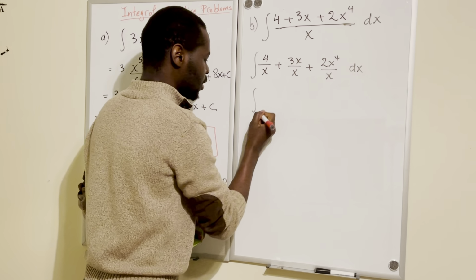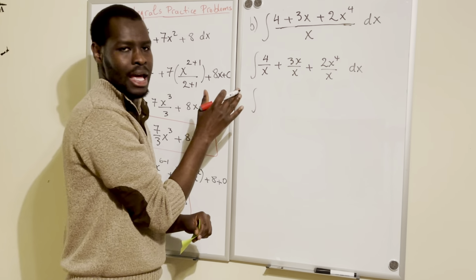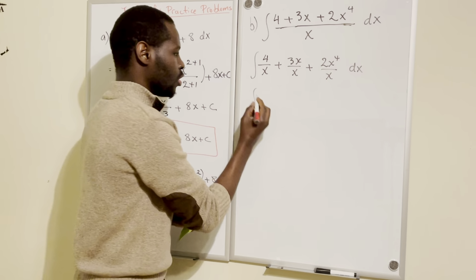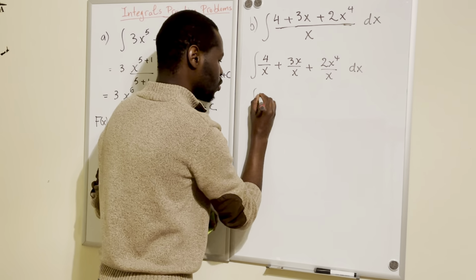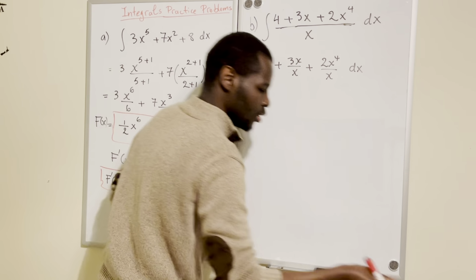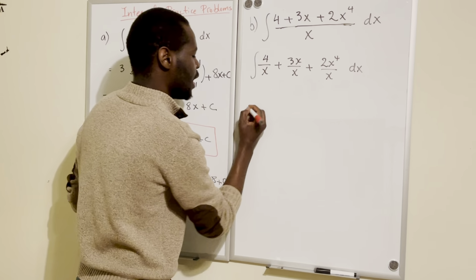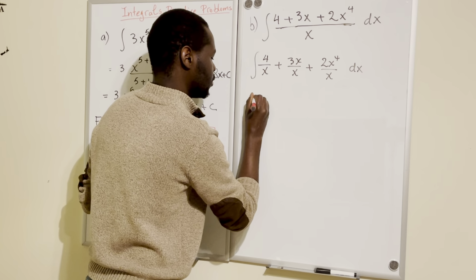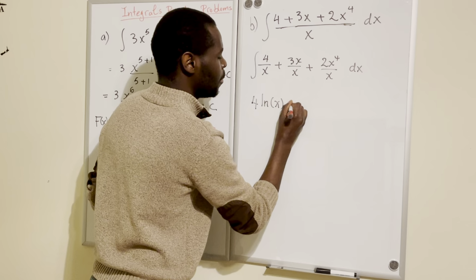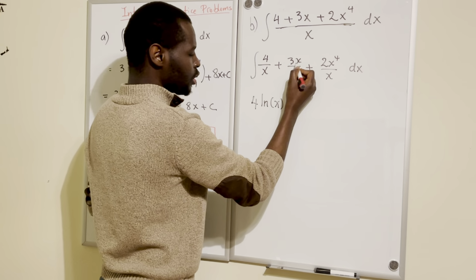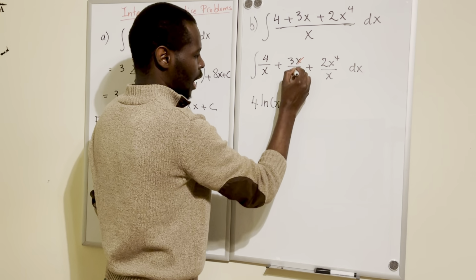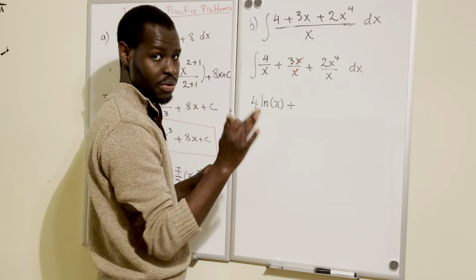Now, if you remember a few minutes ago, I said that the integral of 1 over x is just what? ln of x. So the 4 is just a constant, so the integral of 4 over x is 4 ln of x, okay? Plus, what is the integral of this one? So these x's will cancel out here. This is before I even take the integral.